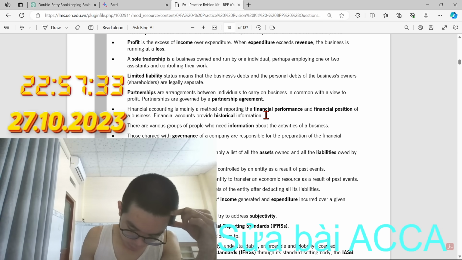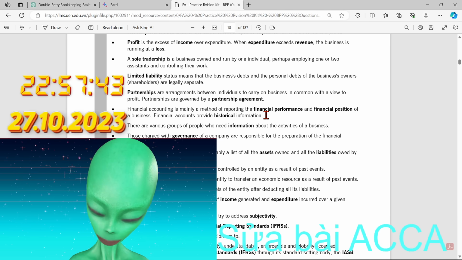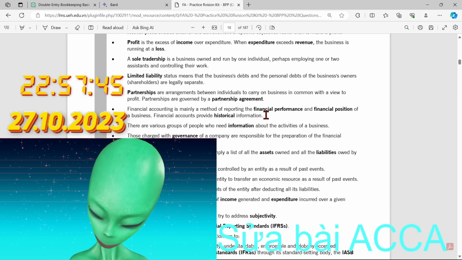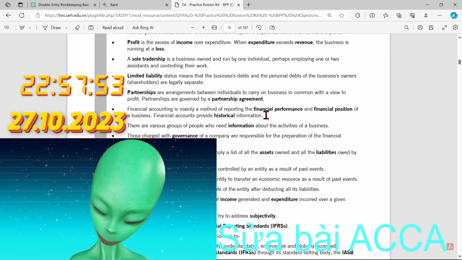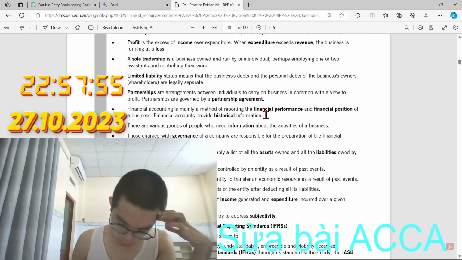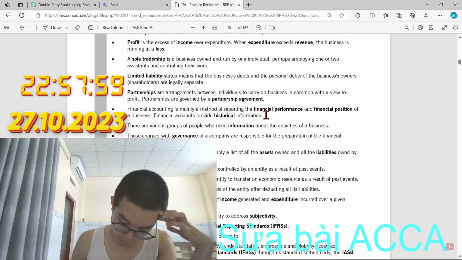Financial accounting is mainly a method of reporting the financial performance and financial position of a business.